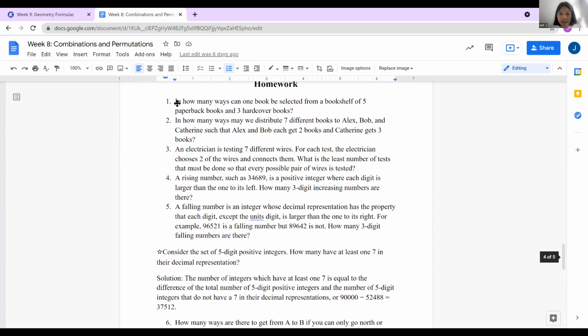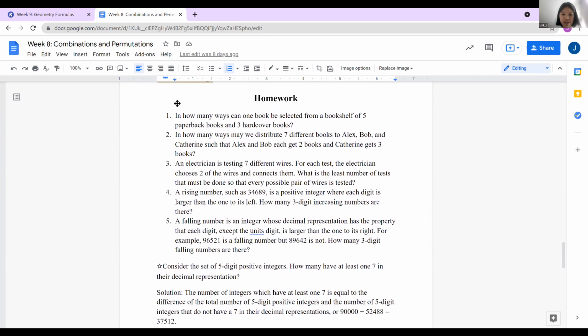Okay. For 3, can you explain to me what you thought of first? So I tried visualizing what it looked like. And each time they could be switched once.